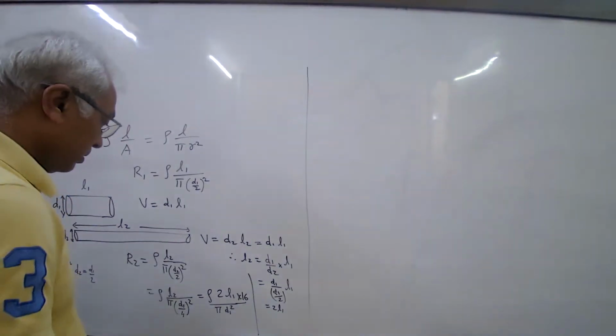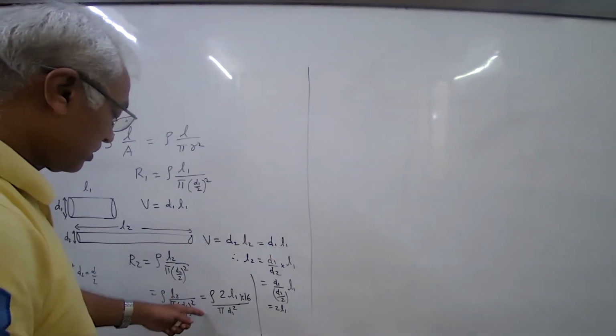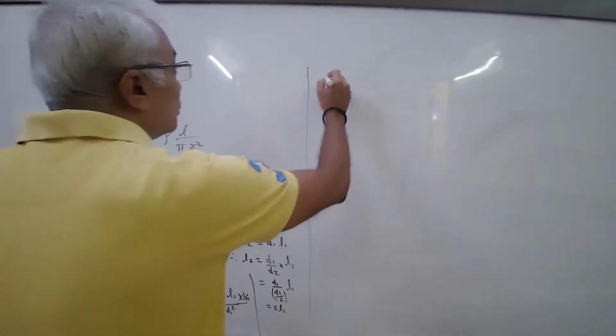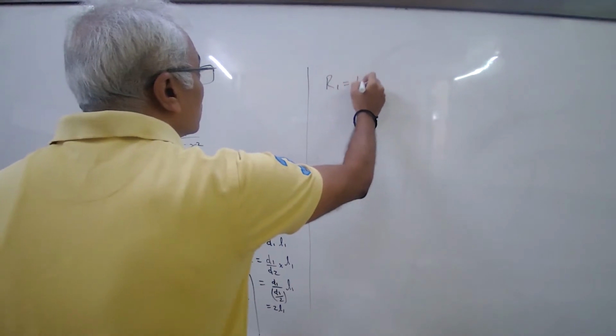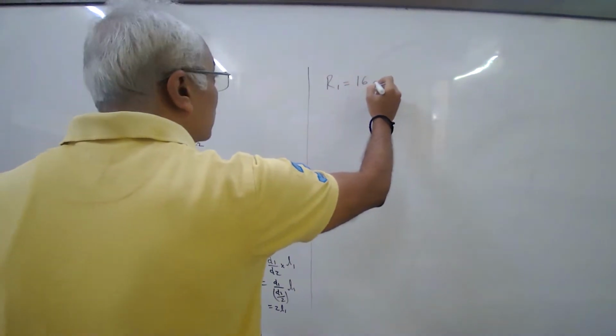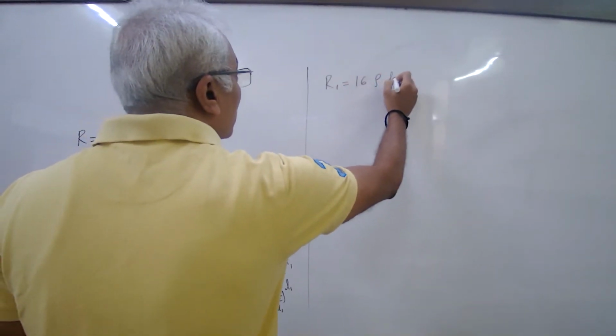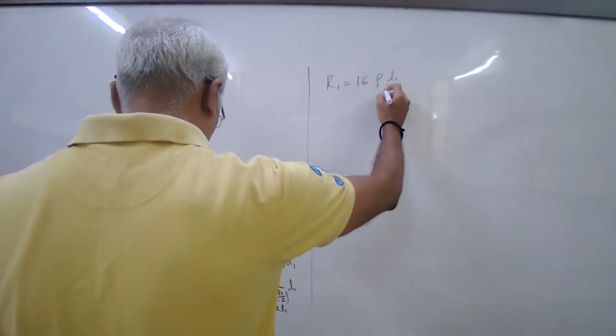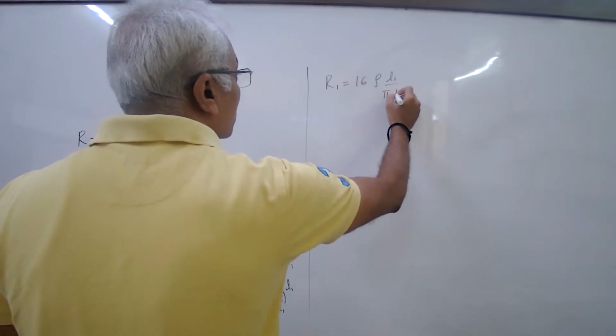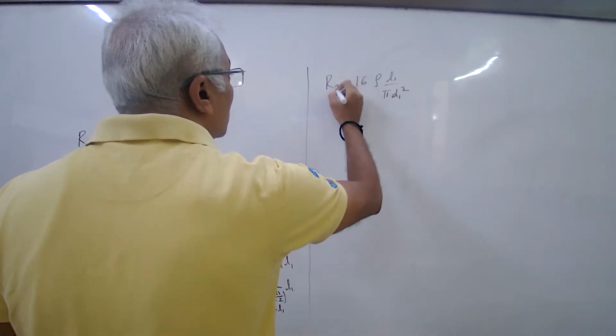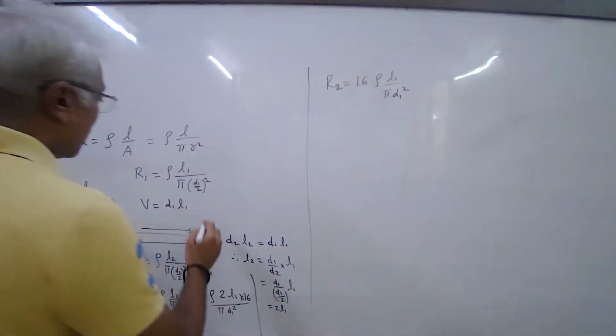Wait a minute. So now we did this. We are getting R2 is equal to 16 times rho L1 upon pi D1 square. Sorry, this is R2. And what was R1?